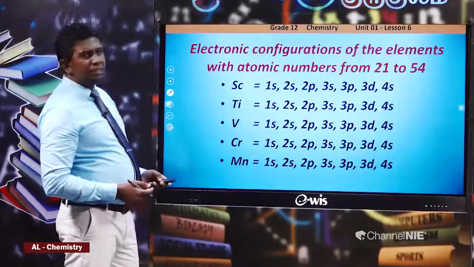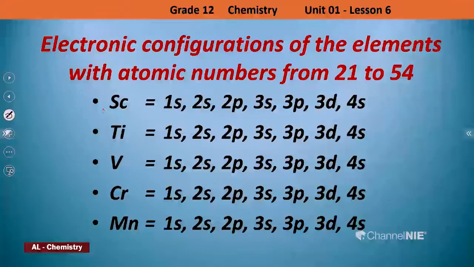So, shall I start with scandium? It's the 21st. So, students, it's 1s2, 2s2, 2p6, 3s2, 3p6, 18 electrons you have used. After filling 2 here, it's 20. Now, the one only you have, so you fill it here in 3d.